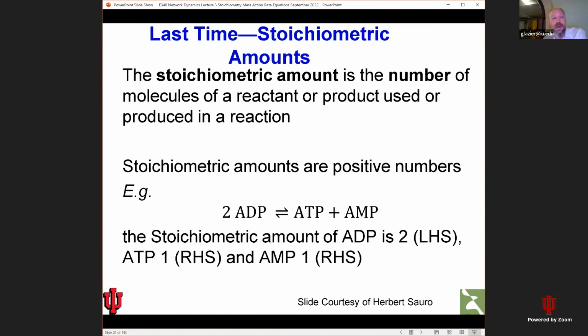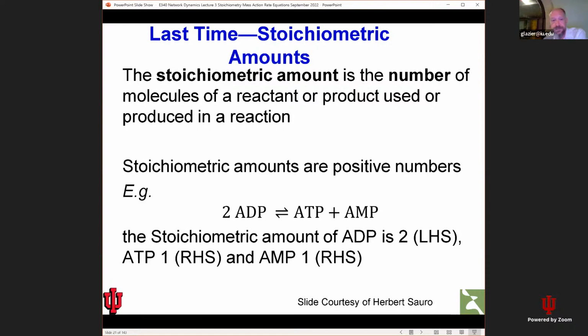But stoichiometric amounts are just the numbers of molecules of a reactant or product used in the reaction. So they're always positive. Typically, they're integers, although sometimes things have odd ratios. So here, 2 ADP goes to ATP plus AMP. The stoichiometric amount of ADP is 2. Stoichiometric amount of ATP and AMP is 1.